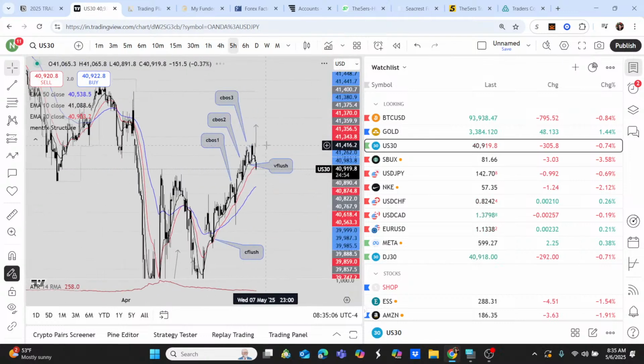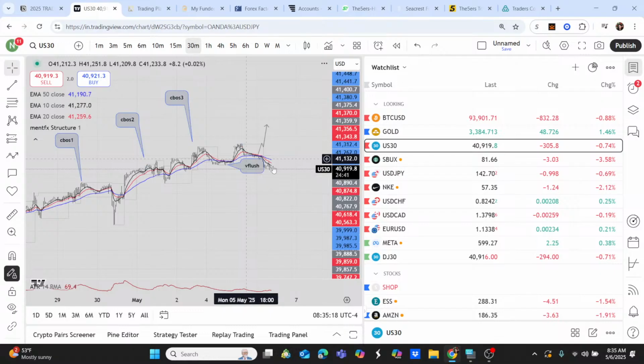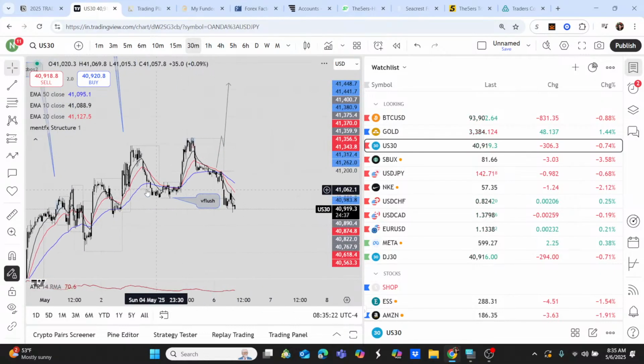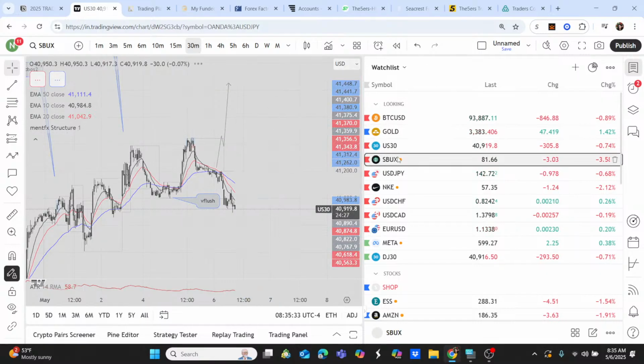What I would want to see is basically for price to start to move on here, but other than that, there's nothing to do for US 30 right now. So we'll put this in red, because look at this, nothing to do. If I wait for the 5-hour to start moving, the 30-minute will begin a trend, which I can look to potentially get involved in, but right now it's nothing.